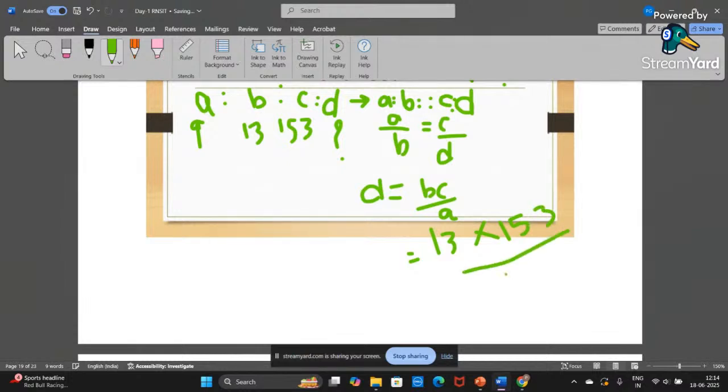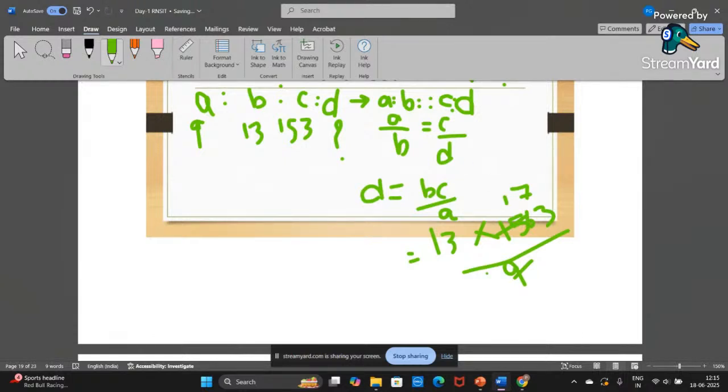Dividing by A, A is 9. So after doing all this calculation, 9 ones are 9, remainder 7. Then 153 by 9. So 9 17s are 153.